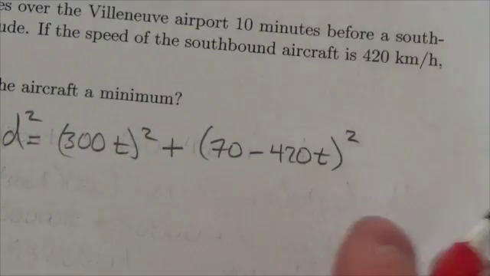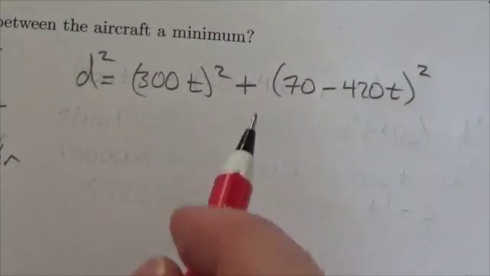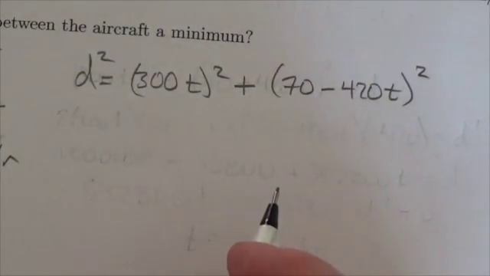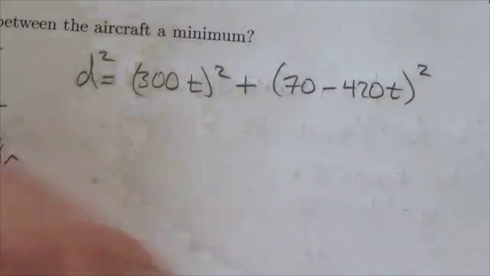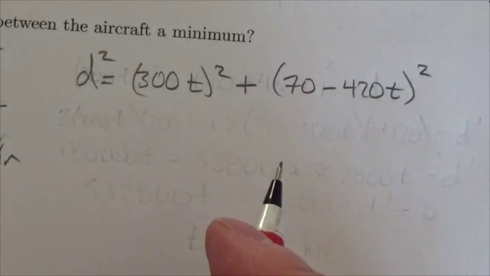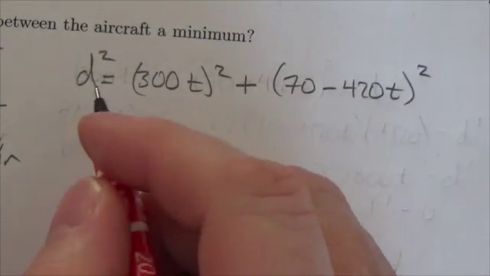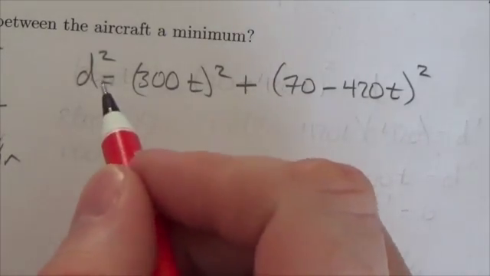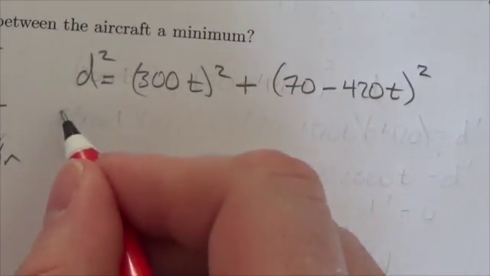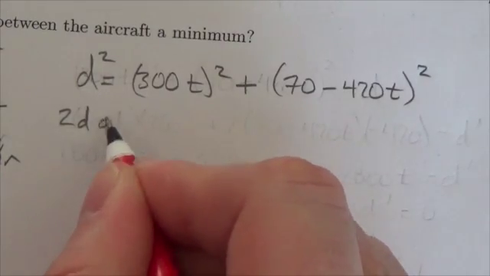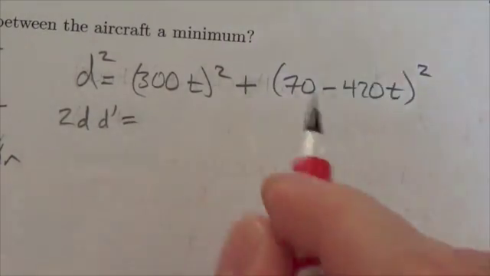Now, I am not, at this point, too motivated to expand that all out, so what I'm going to do is take the derivative of this, the way it sits here, and I'll just apply the chain rule. So I'll take the derivative of d squared with respect to time, so this is going to be 2d d prime.